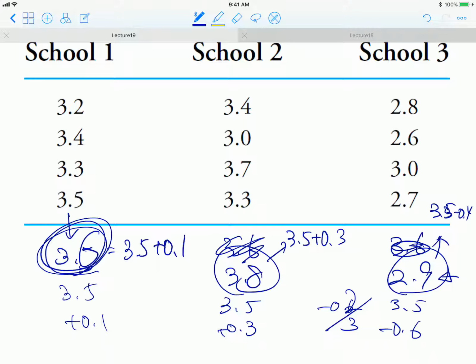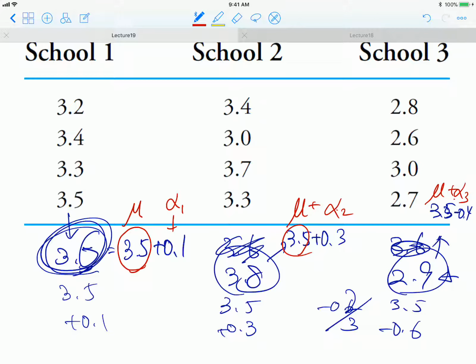Okay, so in this case, what is our null hypothesis? What is our null hypothesis? Let's call this one mu, and then this one mu plus alpha 1, this one is mu plus alpha 2, and mu plus alpha 3.